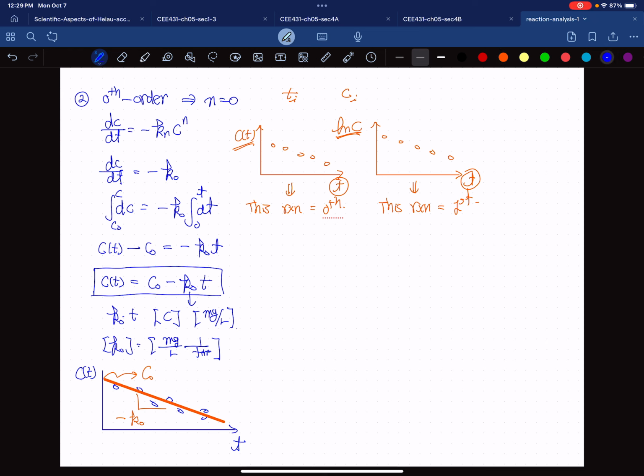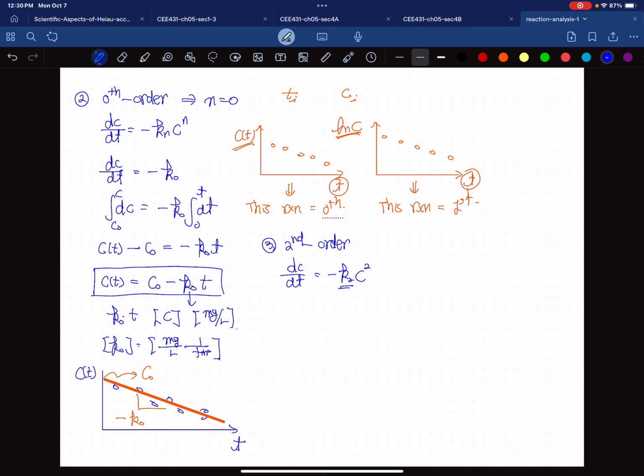Now, you could try second order. In other words, dC over dt equals negative k2 C squared. The reason I use a subscript is that the unit of this k changes with the order.